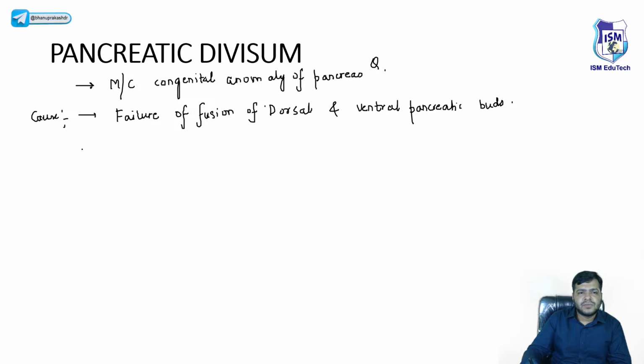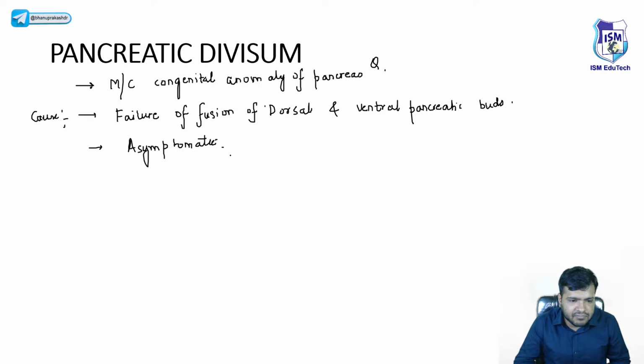Now remember, what will happen? Basically, the patient is asymptomatic. And even if I'm not talking about the buds, the ducts also, the ventral pancreatic duct and the dorsal pancreatic duct, will open independently into the duodenum.